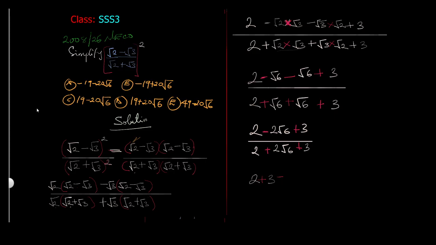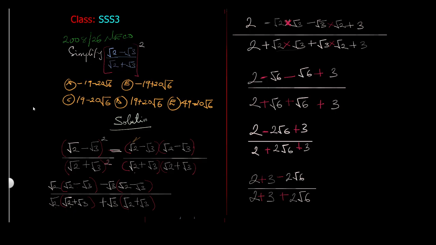Now, same thing here. 2 will remain. Plus 3 will move over and become still plus 3. And plus 2 root 6 will remain.